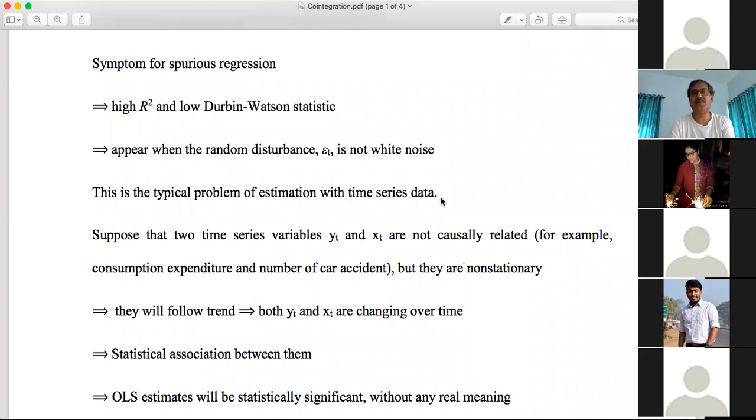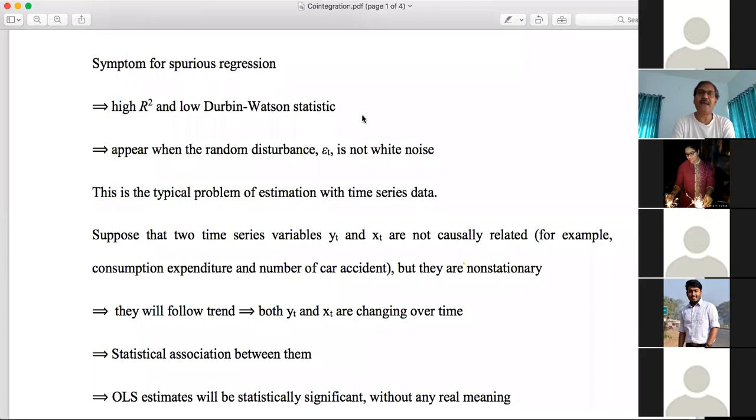If you estimate a model with time series data, you may get a good result and be happy by looking at your regression coefficients, T statistics and R square. But if you calculate the Durbin-Watson and it is very low, then you have to be careful, because in that case your result may not be meaningful at all. Your result may be spurious.